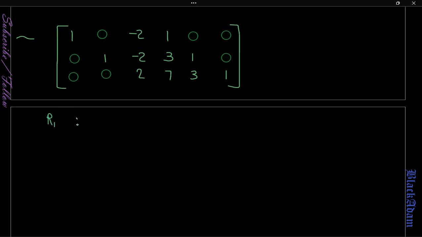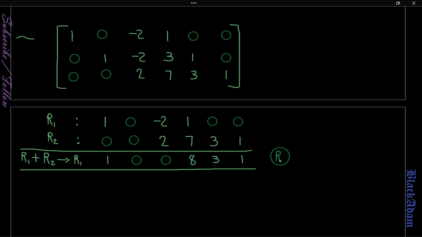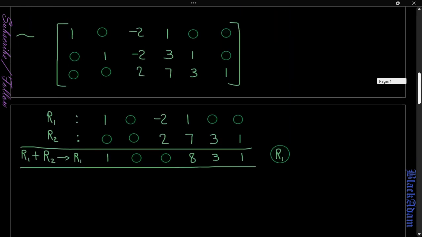So row 1 is 1 0 -2 1 0 0. Let's use row 3, which is 0 0 2 7 3 1, add them up, and that gives us row 1: 1 0 0 8 3 1. Okay, so adding them together is going to be row 1.